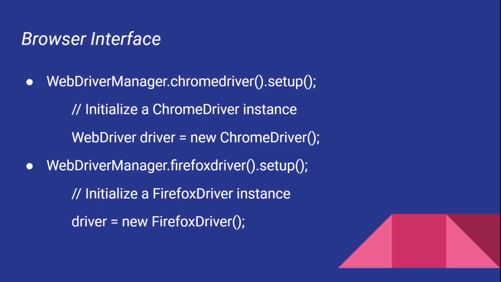Now, how can we start the driver interface? That means how to implement the browser interface. That is the problem here. Here you can see that WebDriverManager is the main class. In this, we are using a Chrome driver interface. So we are giving WebDriverManager.chromedriver().setup().